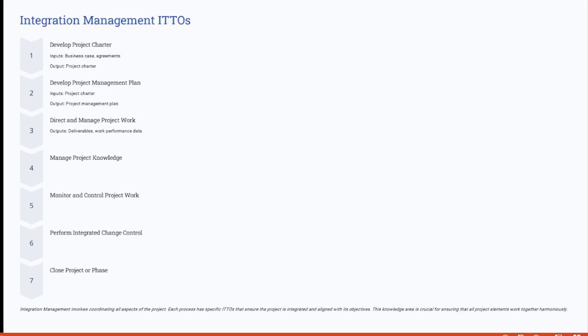Managing the project knowledge comes in the execution phase as well. Then we move to monitoring and controlling the project work in the monitoring and controlling process group, performing integrated change control, which is also part of the monitoring and controlling phase. Finally, we close the project or phase. So all of these processes are integrated into each other.